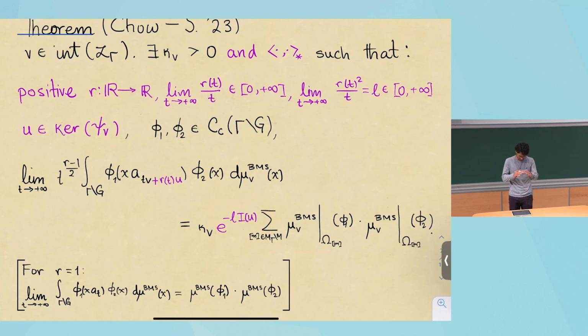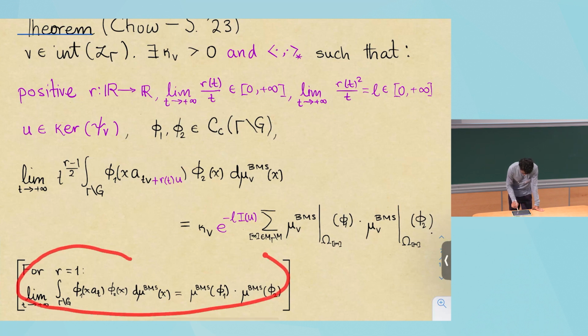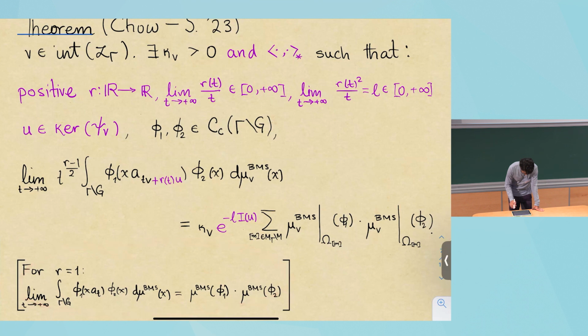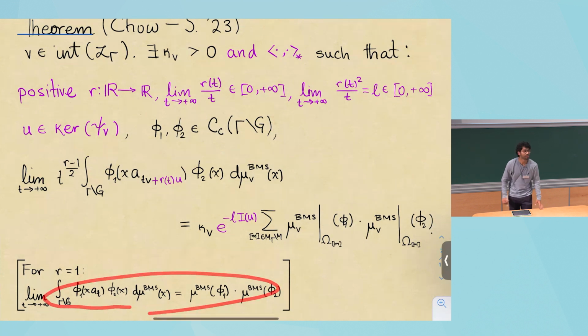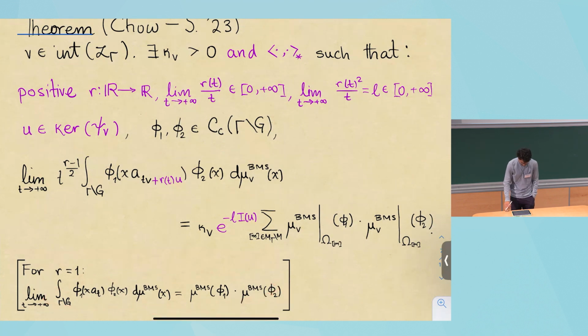So it's decaying as you go further away from your V direction. And so here's the analogous rank 1 description. This normalization disappears in the rank 1 case, and you have the usual mixing statement with respect to the BMS measure.